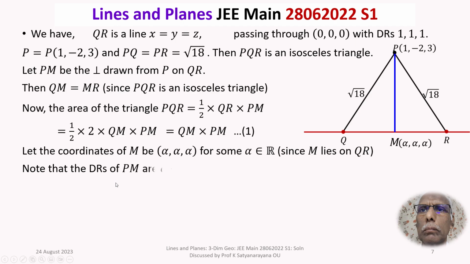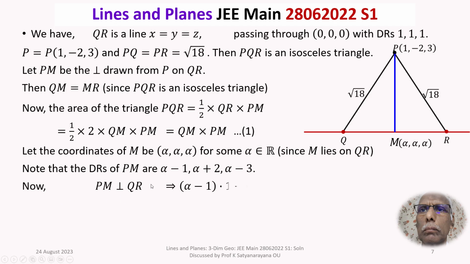So note that the direction ratios of PM are alpha minus 1 comma alpha plus 2 comma alpha minus 3. And remember the direction ratios of QR are 1 comma 1 comma 1.